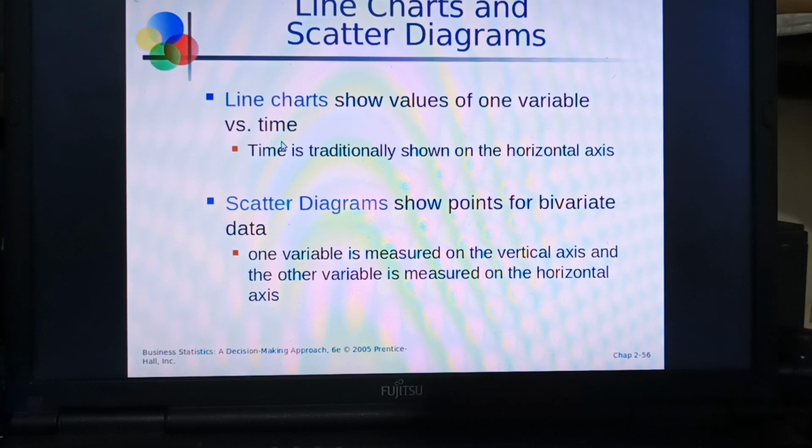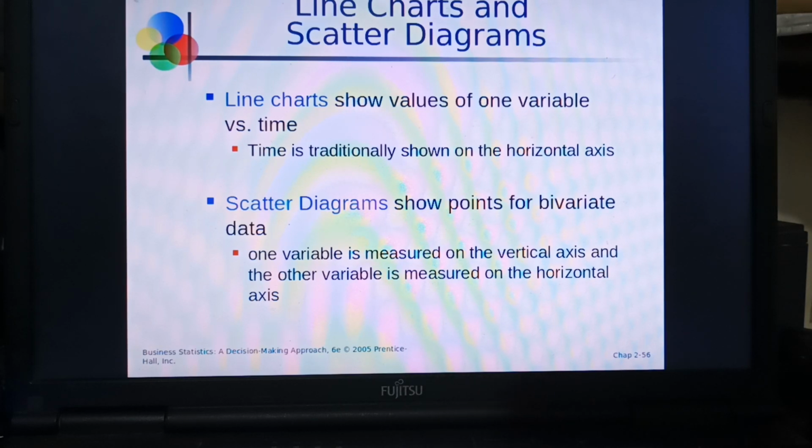Now let's talk about line charts and scatter diagrams. Line charts show values of one variable versus time, where time is traditionally shown on the horizontal axis, and the value of the variable on the vertical axis.